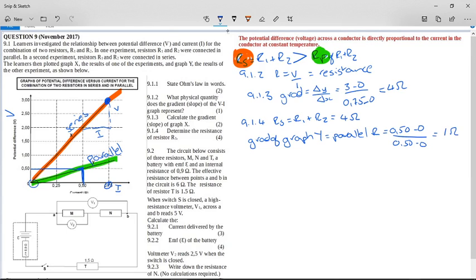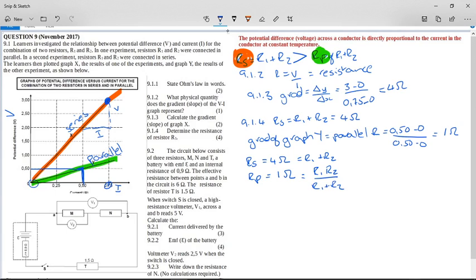So from these two gradients, R series is 4 ohms, okay, and R parallel is 1 ohm. Okay, and R series is R1 plus R2. R parallel, we know we've got that nice formula. R parallel is 1 ohm from the gradient, and then we know that we've got product over sum. So R1 times R2 over R1 plus R2 is going to give me 1 ohm.